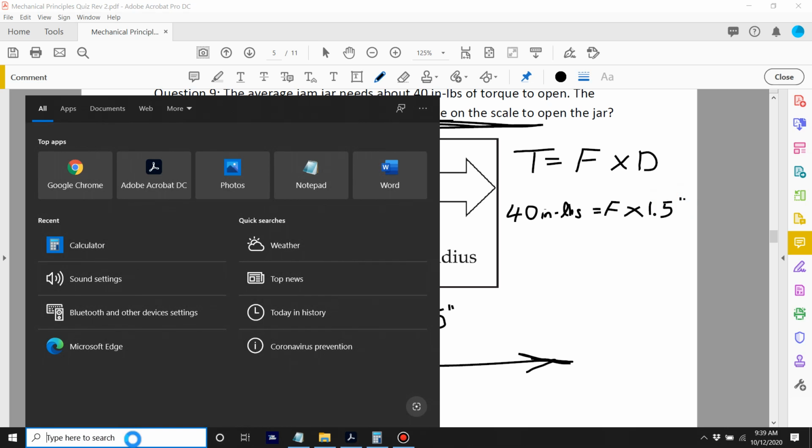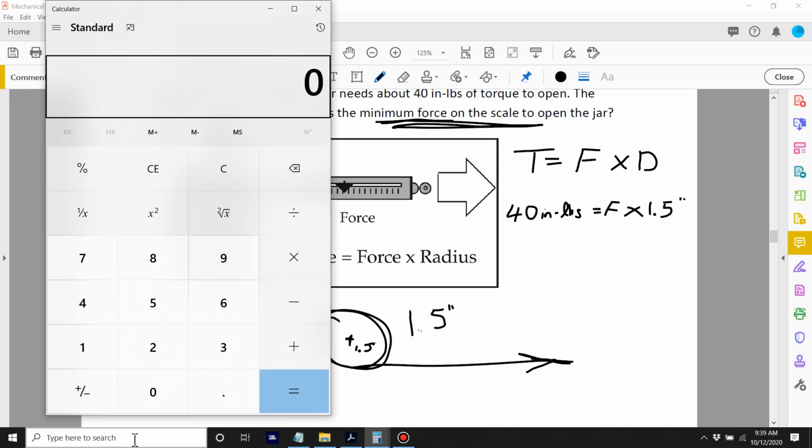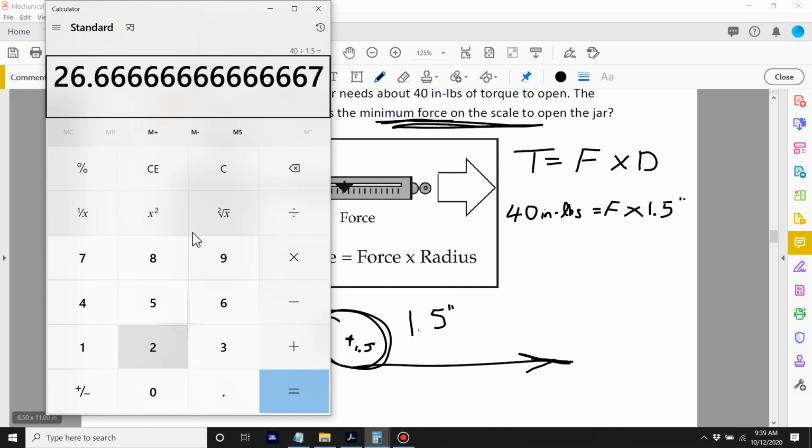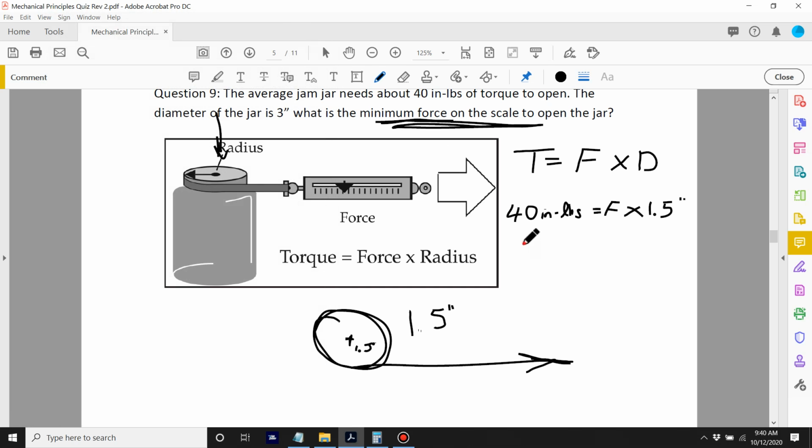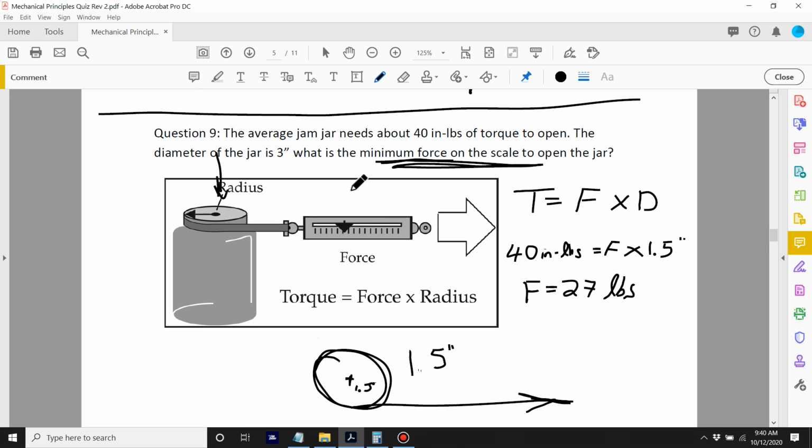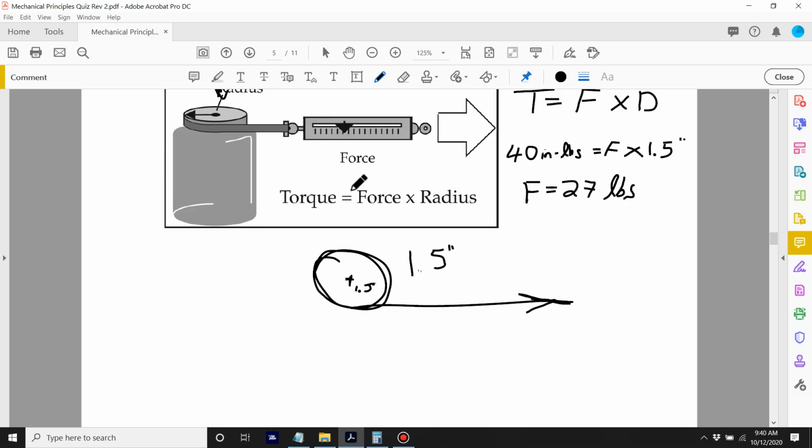Now 40 divided by 1.5 is 26.66. So the force is roughly 27 pounds is what we need to be able to apply, and we'll get that jam jar open. 27 pounds of force.